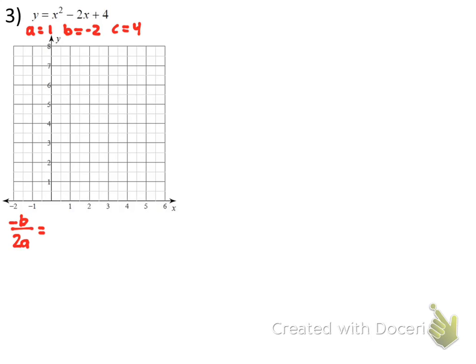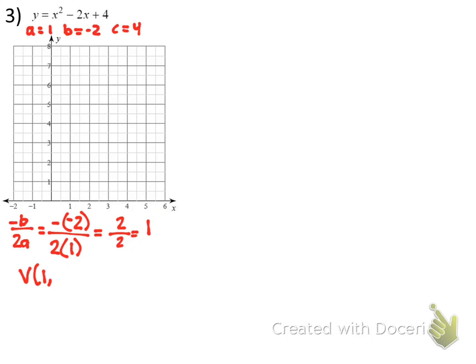We know b is equal to -2, so it's going to be -(-2) over 2a. Our a is 1. So we got -(-2), which is positive 2 over 2. 2 over 2 is equal to 1. Our vertex, the x of our vertex, is going to be 1.